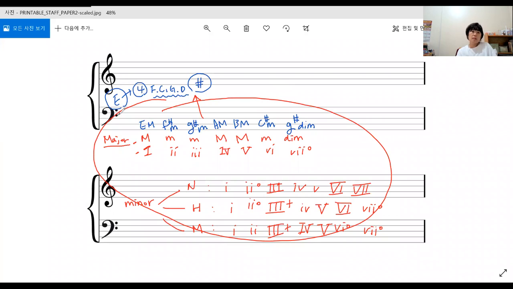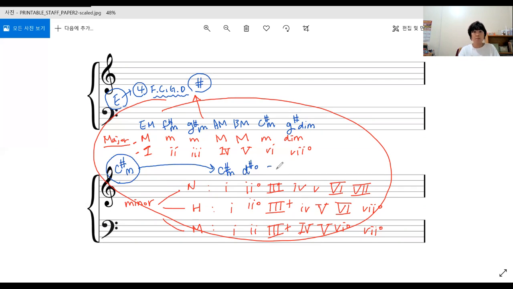And then what is the E major relative key? It is C sharp minor, right? So look at this. C sharp minor, natural scale. The first chord is going to be C sharp minor. Okay, and then D sharp diminished, right?